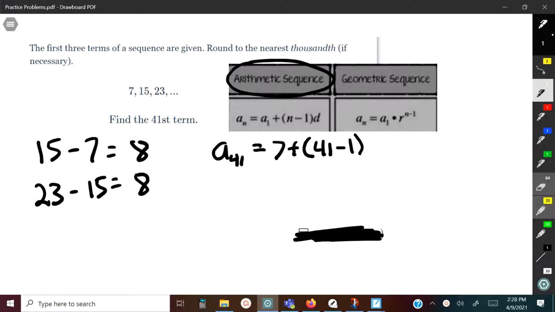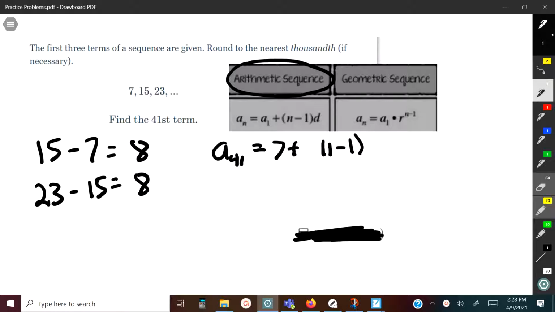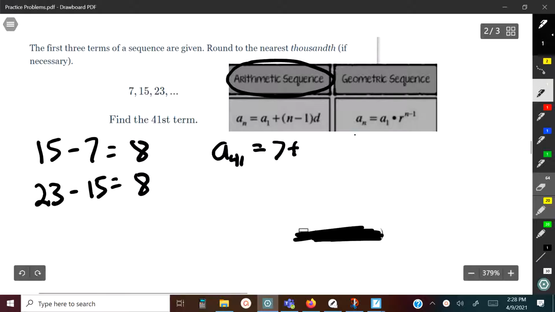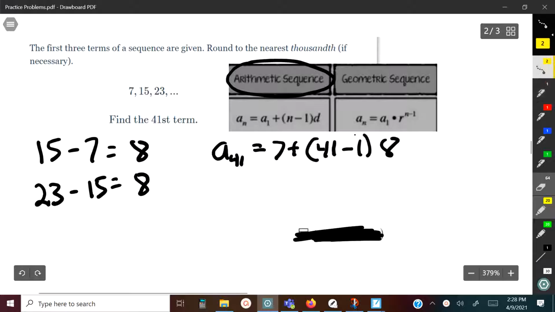It doesn't matter. You can put it either here or here. Let me just do it the way it is right here: 41, and the d is 8. Okay, so now we have everything we need. And again, you can put the 8 in the front or the back, it doesn't matter, as long as it's by the parentheses.